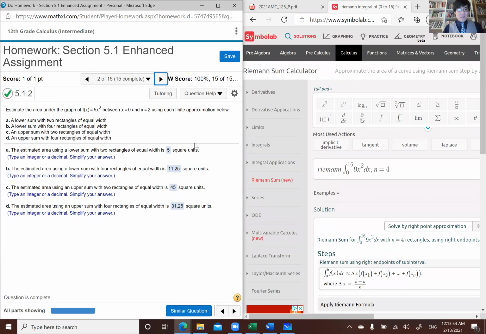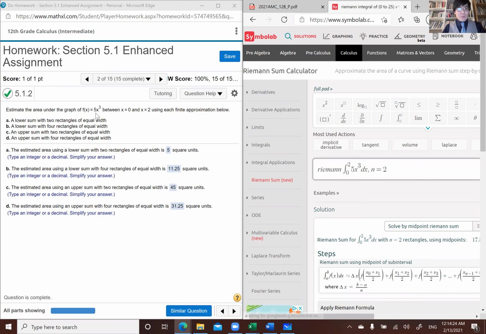Now, again, this is basically the same with just different numbers. It's kind of tedious, but let me use this as an example to find all 4 answers here. So now the interval is between 0 through 2, and you get 5x cubed as a function. And the number of intervals is, let's say, 2.